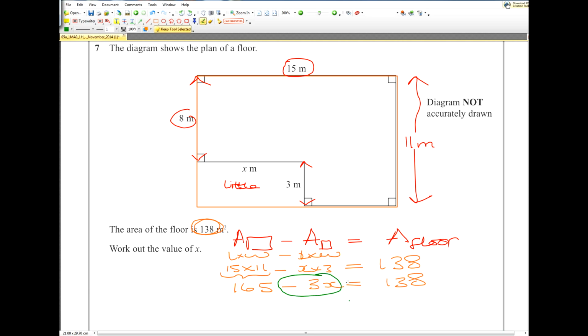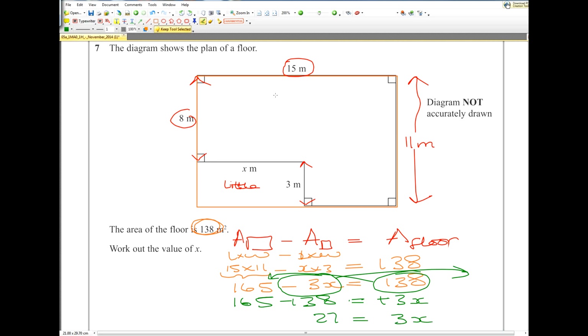So take this way and take this that way. So now we have 165 minus 138 is equal to positive 3x. What's 165 minus 138? 27. Beautiful.